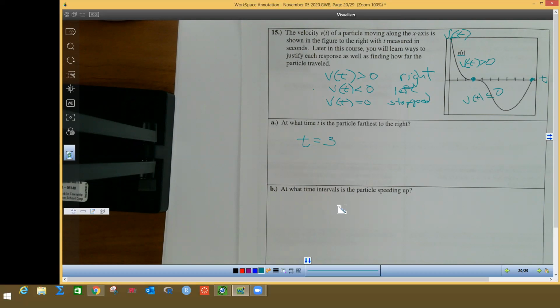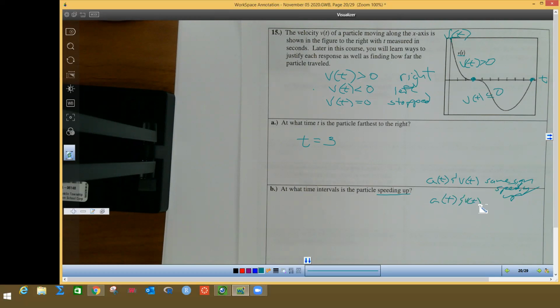At what time is the particle speeding up? What two things do you look at for speeding up and slowing down? Acceleration and velocity. If they have the same signs, they are speeding up. If they have different signs, they're slowing down.